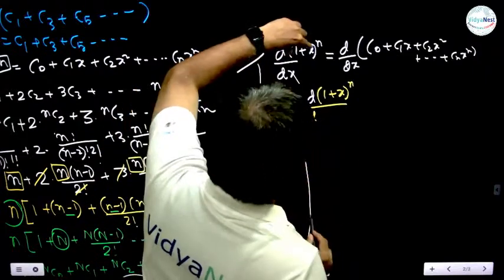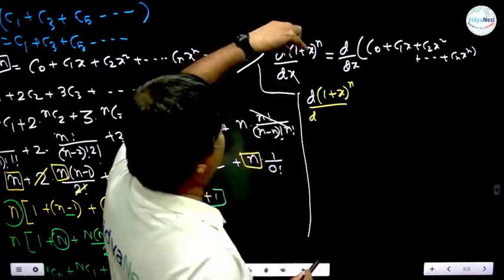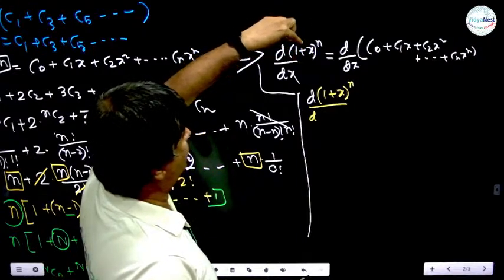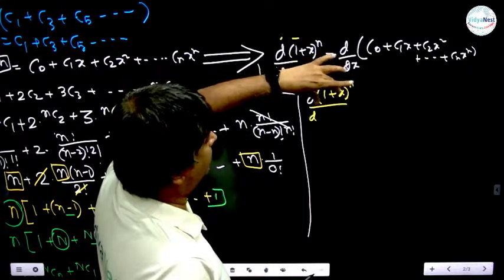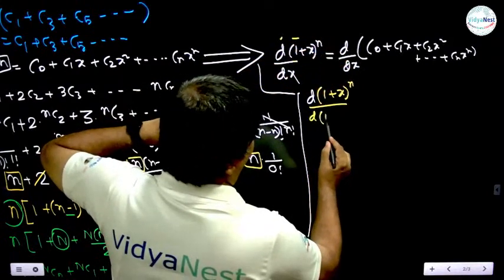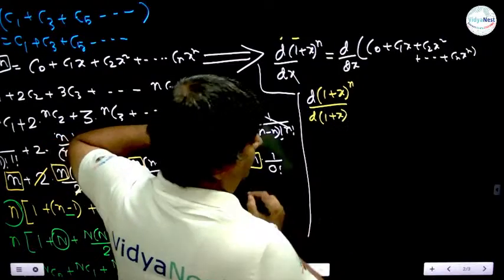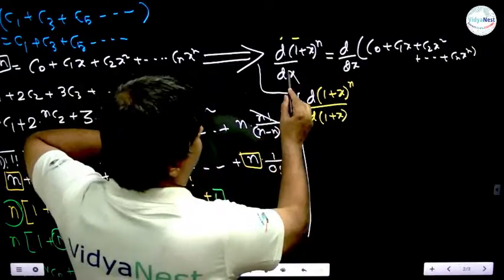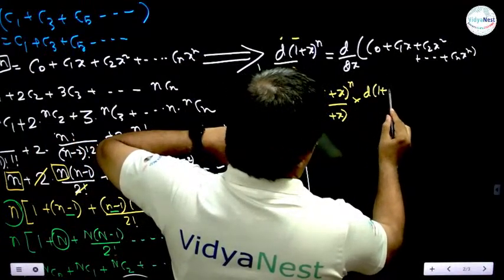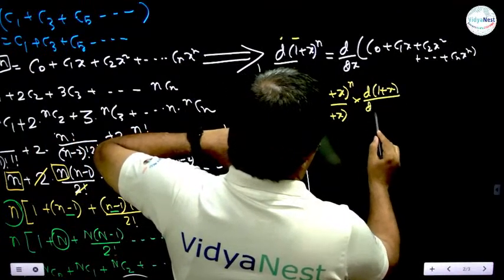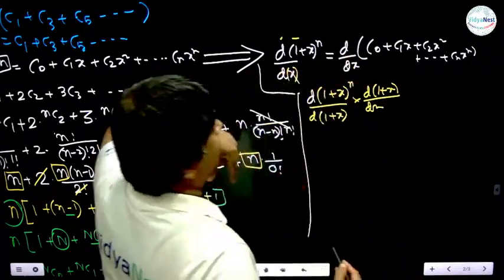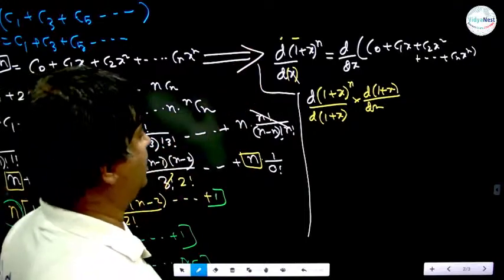See here, the base is variable, but the variable is generated by 1 plus x. So once the base variable is 1 plus x, with respect to 1 plus x we will differentiate. But we had x, so to balance, you differentiate 1 plus x with respect to x. This differential operator balances the differentiation.